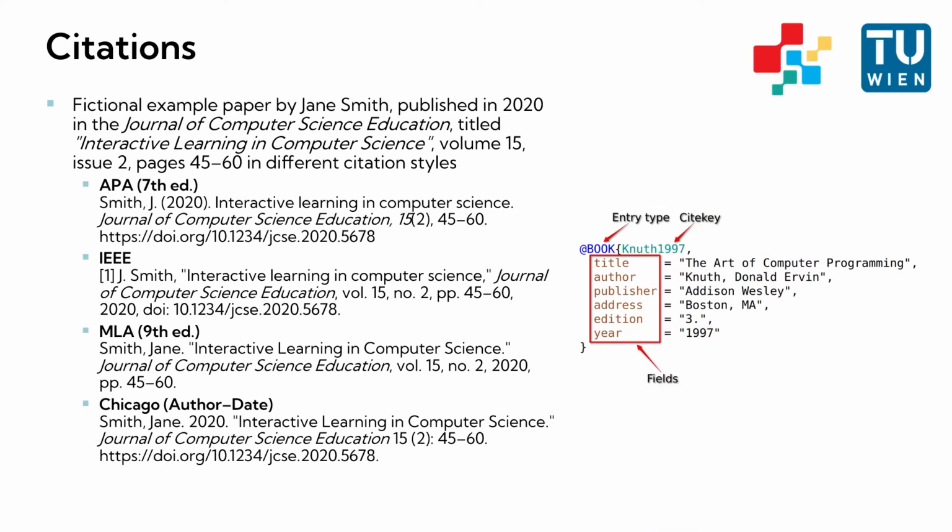However, if you use BibTeX in LaTeX, you don't have to manually format each citation. You simply provide the data in a structured format, author, title, year, journal, etc., and the citation style template automatically formats and structures the output for you. This ensures consistency and makes switching between citation styles as simple as changing a setting.